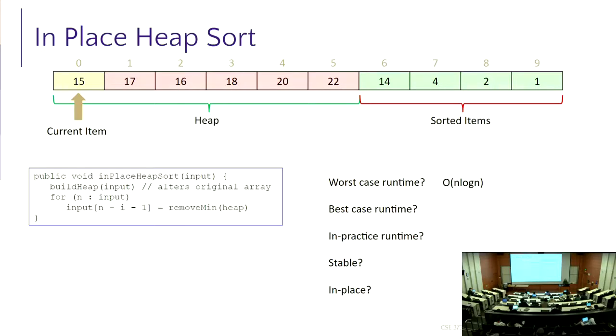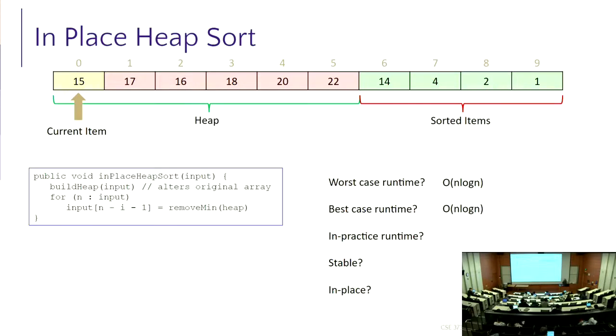Does this runtime change in a different case? Is there a difference between the best case and the worst case scenario for the runtime of this heap sort? I agree. No, there's no difference here. Either way, we're going to have to swap in the thing from the bottom of the heap.